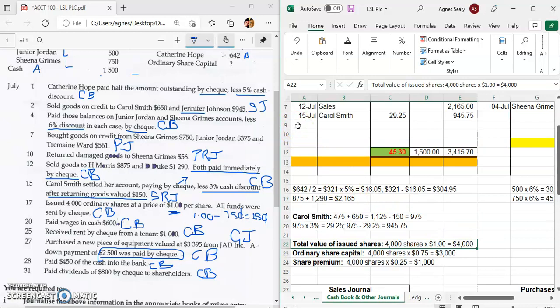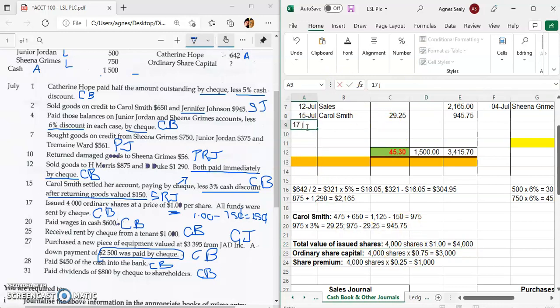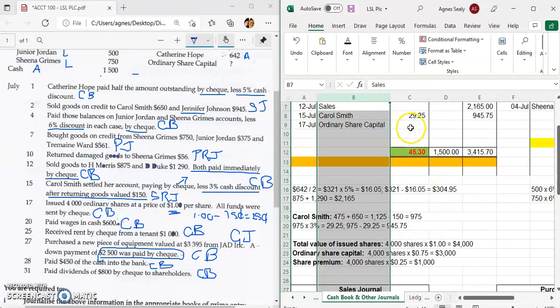Now we are going to record in our cash book, because this money was received by check. On the 17th of July, because this is new capital coming in for the company, our details will be ordinary share capital. If it was preference shares, you would see preference share capital.